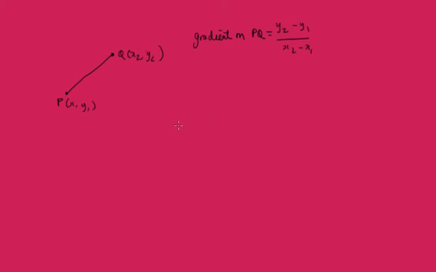Now we have some rules for gradients. So we have two lines here and they are parallel. Two parallel lines have equal gradients.